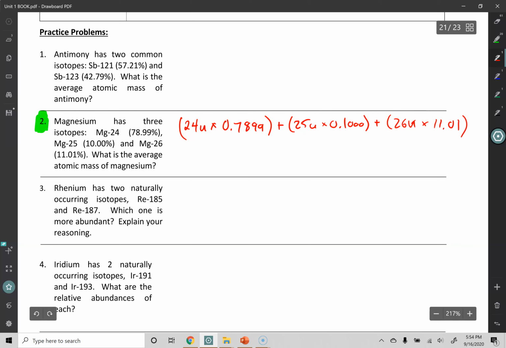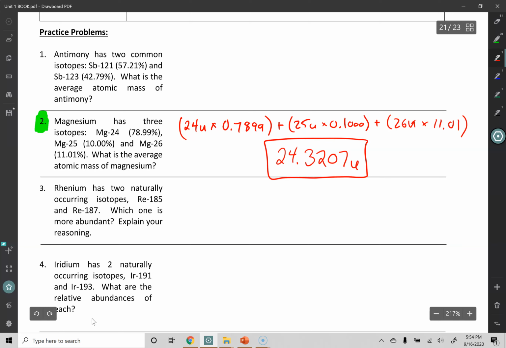Just gonna grind through the calculation, making sure that I'm entering the numbers carefully. It's really, really easy to make a small mistake and end up with something that's way, way off. But when I do the calculation, I end up with 24.3207U.